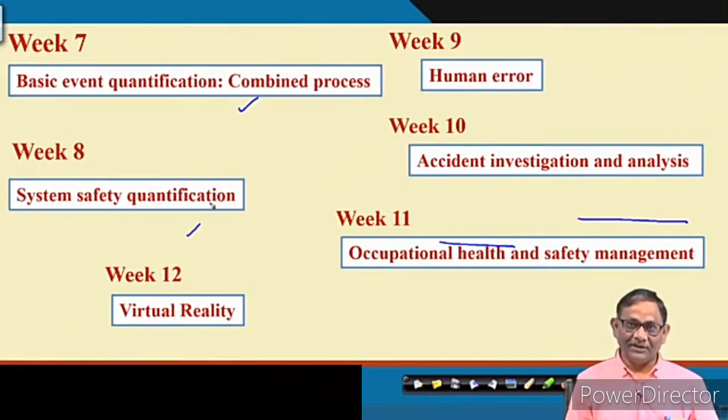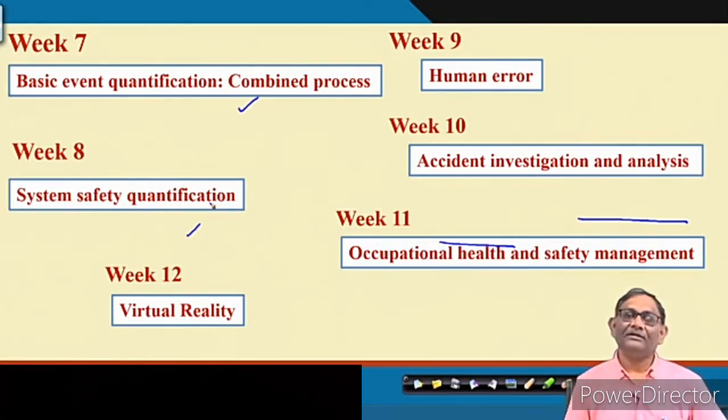Human error will be there, and to me it is an engineering issue. It is not an issue only from the behavior point of view. Human error has its root in psychology, but when we talk about human error and its quantification from the safety engineering point of view, it is very much an engineering issue.